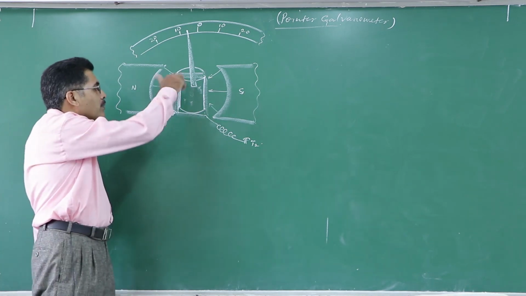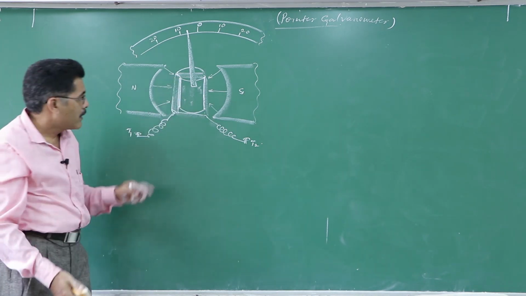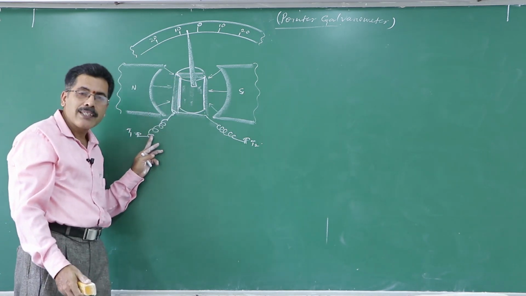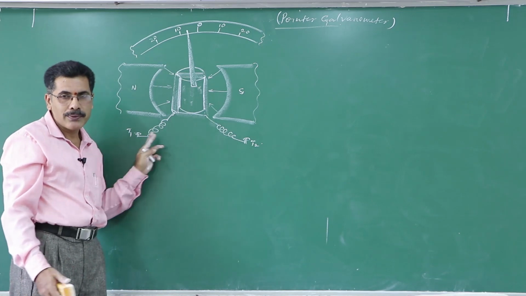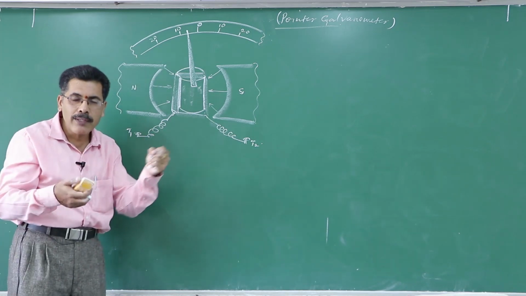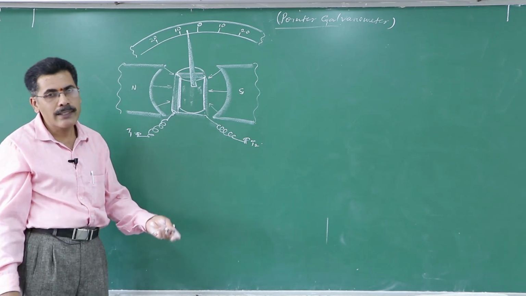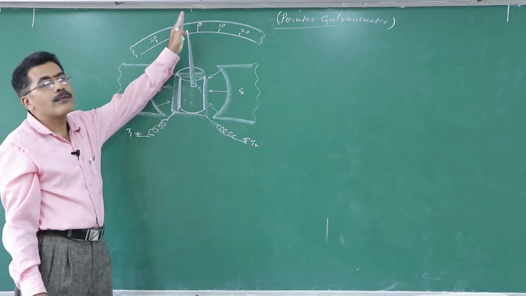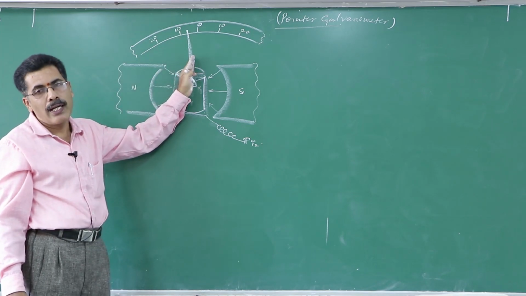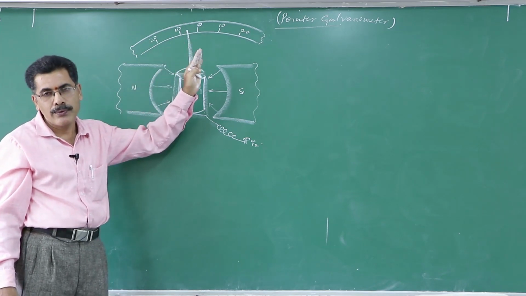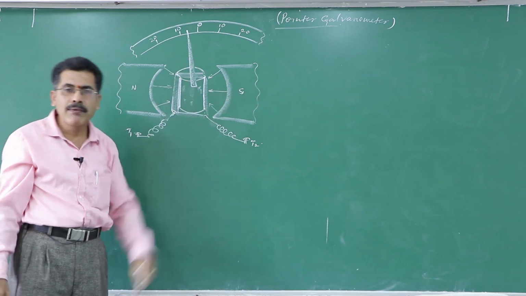When the coil is deflected, the spring is extended or compressed. These two springs control the motion, so they apply the restoring torque. As a result, the coil comes to rest at some particular position, the equilibrium position.